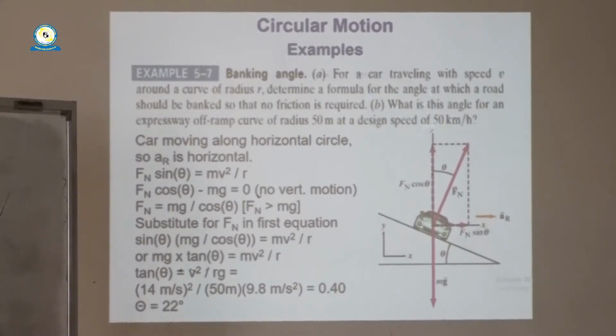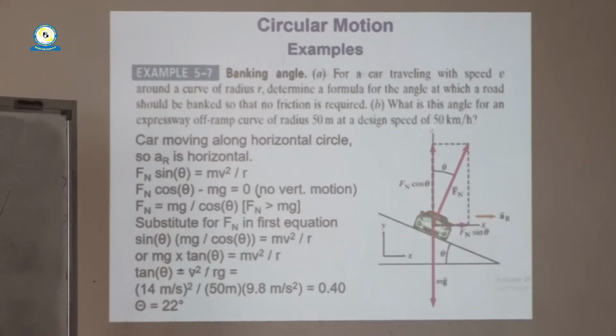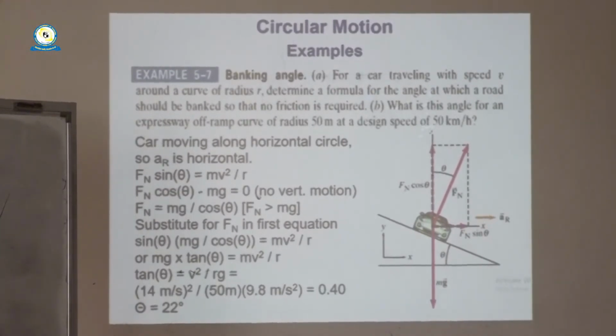Our question, banking angle. A, for a car traveling with a speed v around a circle of radius R, determine a formula for the angle at which the road should be banked so that no friction is required. B, what is this angle for an expressway off-ramp curve of radius 50 meters at a design speed of 50 kilometers per hour?